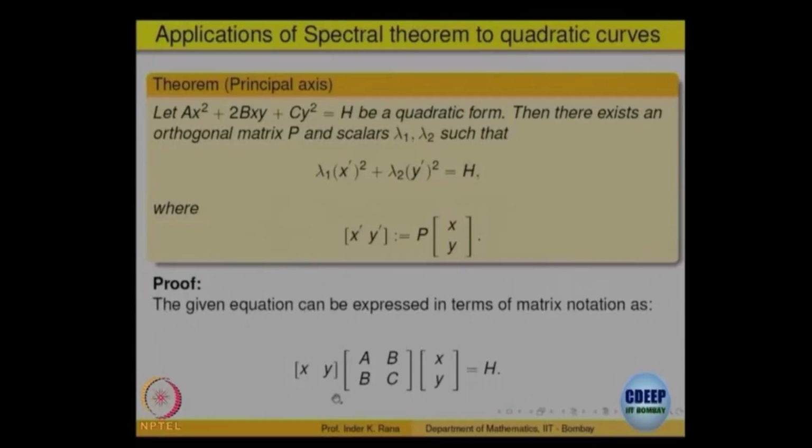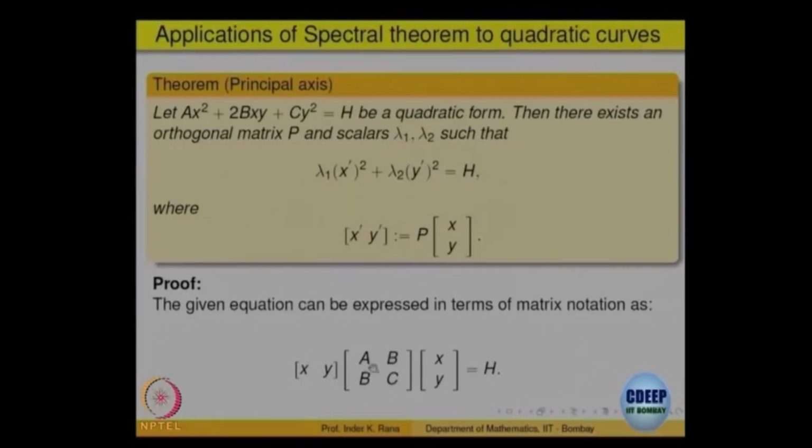So, this is 1 cross 2, 2 cross 2, 2 cross 1. So, it will be a scalar and that is equal to h. So, this quadratic form is written in terms of matrices where x and y are treated as components of the vector (x, y).